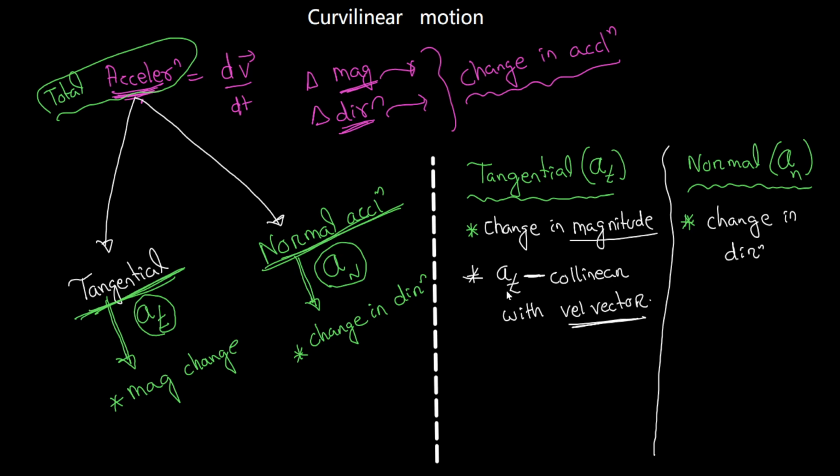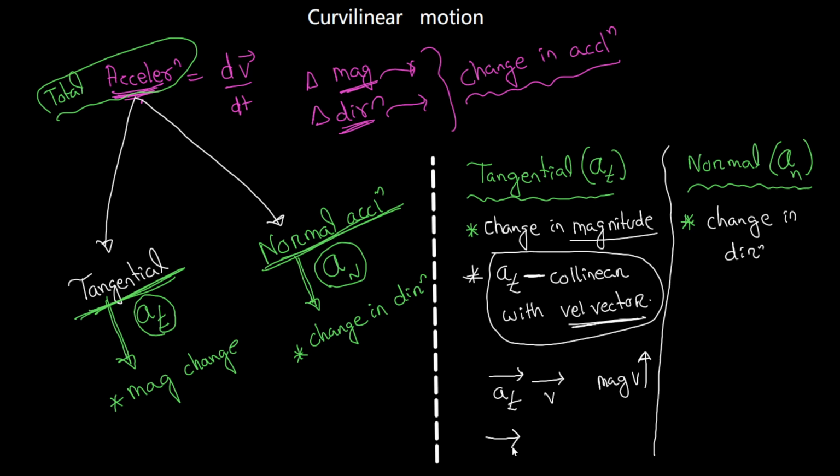If the acceleration a_t and the velocity vector v are in the same direction, in this situation what will happen? The magnitude of the velocity vector will increase. If the velocity vector is in this direction and the acceleration is in the opposite direction, the body is moving in this direction but the acceleration is opposite, so the magnitude of the velocity will decrease. Getting my point?